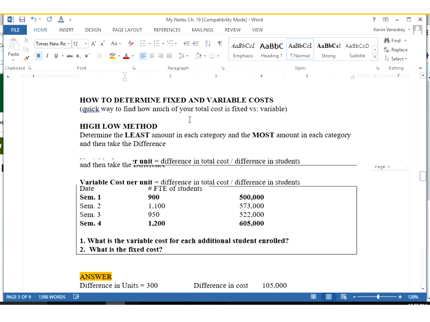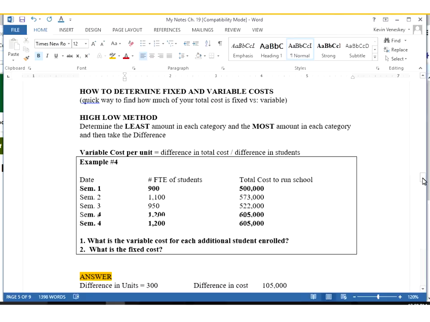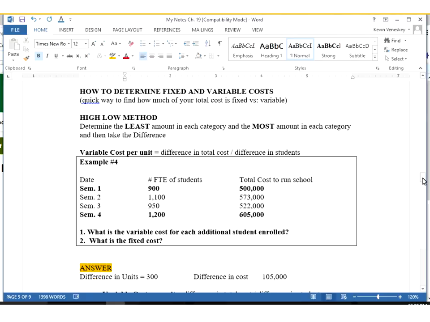All right, so now you may look at some data, and you've been given the total cost, and you've also been given the total units sold, or whatever you're looking at. If you're given multiple different sets, so you're given January's numbers and March's numbers, all the way through the end of the year, you can determine approximately, it's not exact, what your variable costs and fixed costs are without being told what they are.